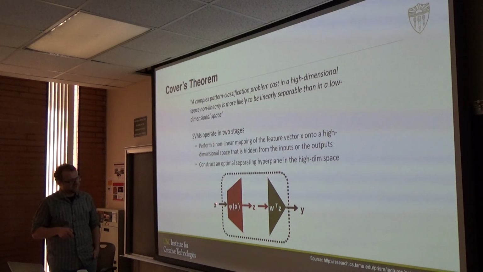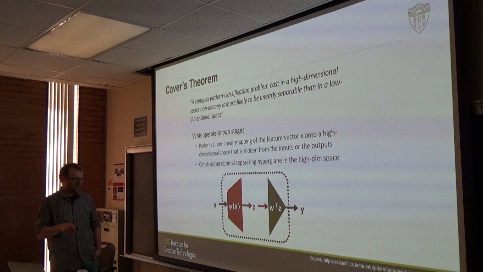First of all, you take your x, the input data, which has a certain dimensionality. You apply a non-linear function to increase its dimensionality up to this level, which are now our z values.